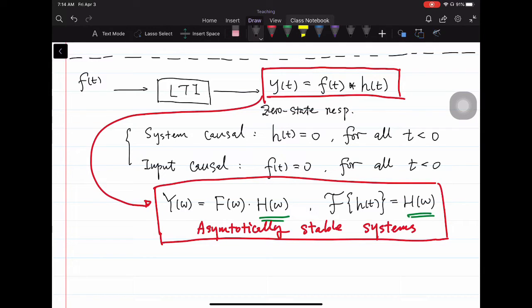Now, what we can also find out using the same methodology is that the Laplace transform of my output signal is equal to the Laplace transform of the input signal times the Laplace transform of h of t.